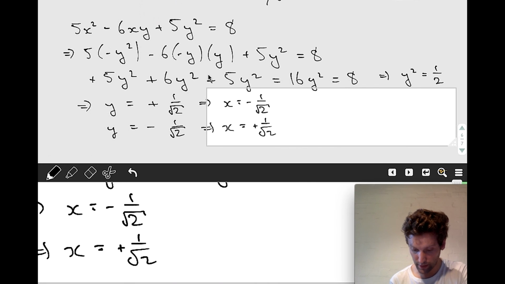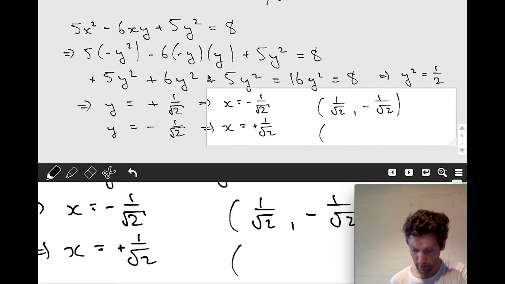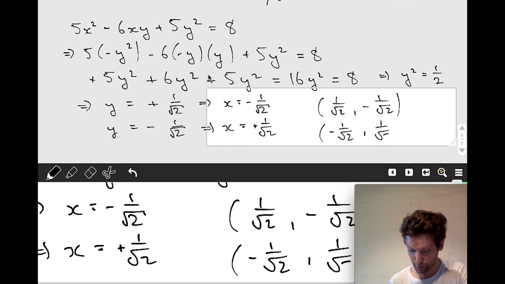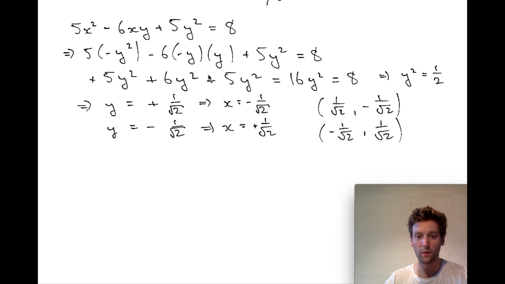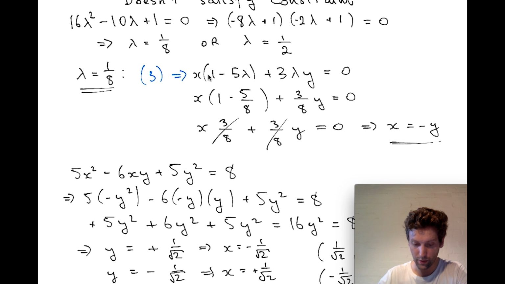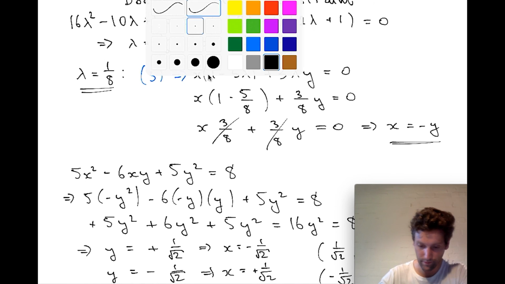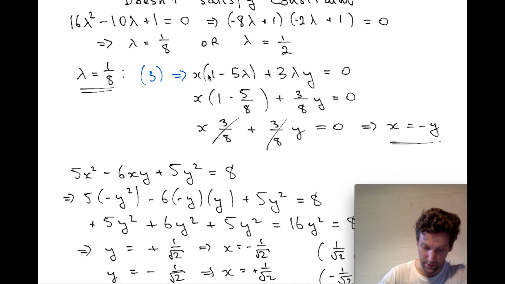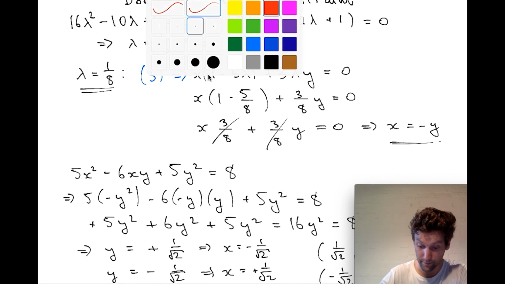So we get 2 points: 1 over root 2, minus 1 over root 2, and minus 1 over root 2, 1 over root 2. Okay, that deals with the possibility that lambda was equal to 1/8, so let's tick that one. We now need to look at the other possibility, that lambda was equal to a half.